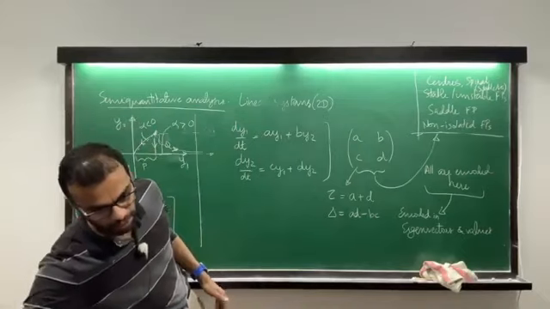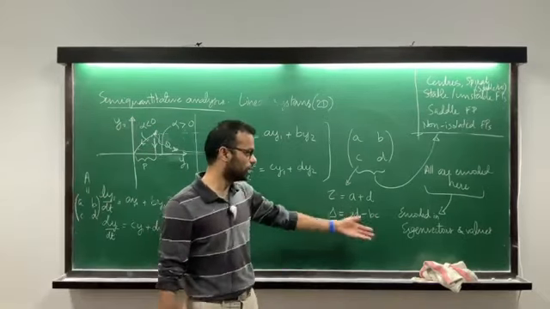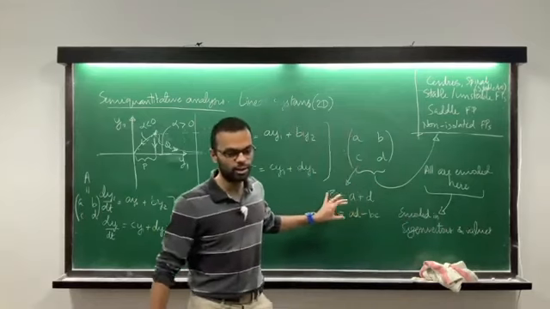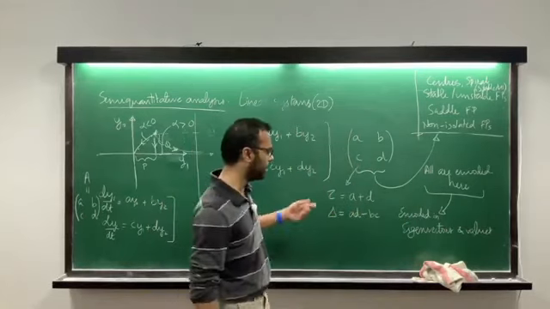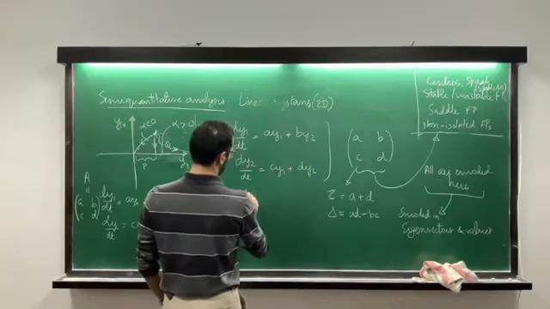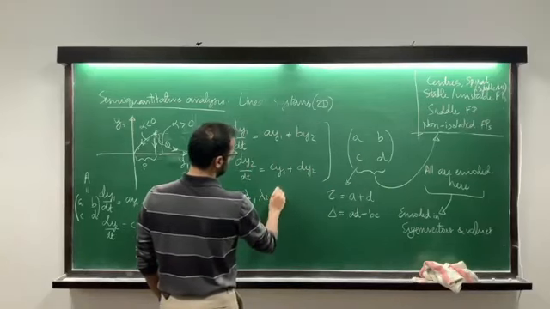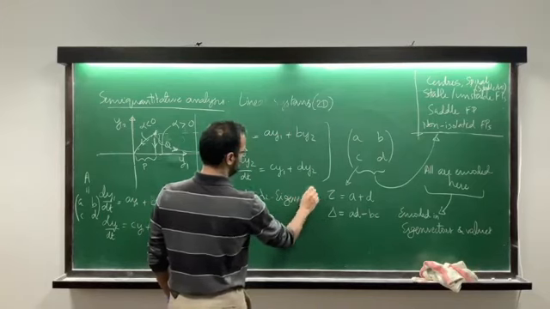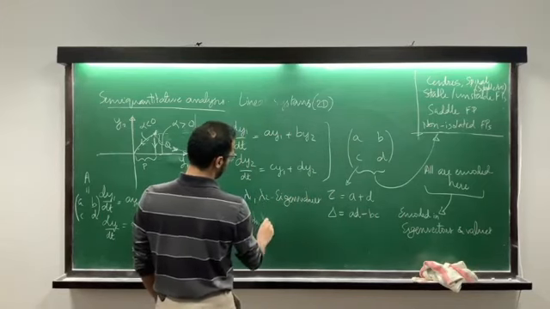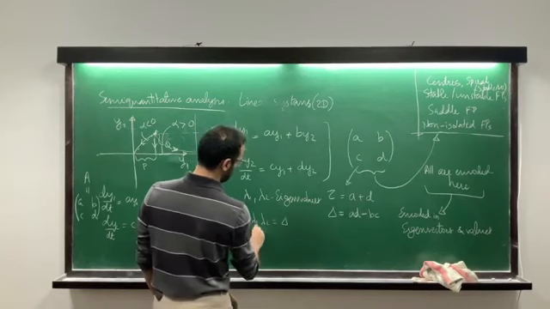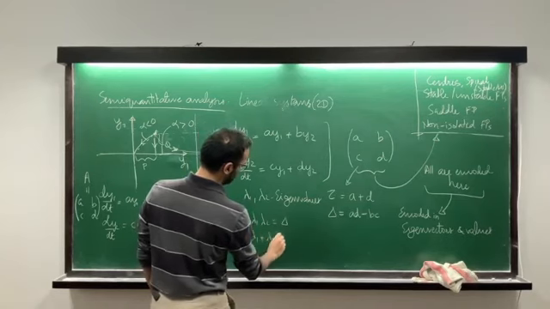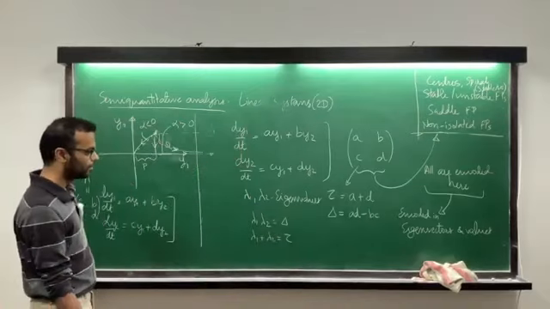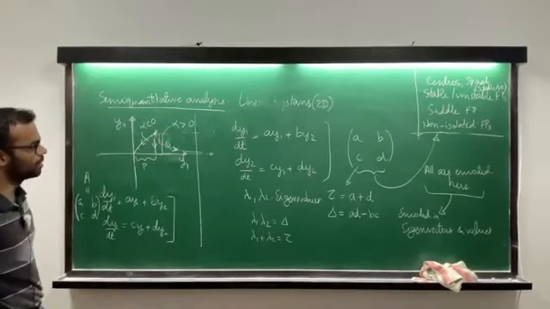You won't say everything about the matrix because you also have the eigenvectors, but for the eigenvalues you can say something from tau and delta. If lambda 1 and lambda 2 are the eigenvalues, then because these are invariant, lambda 1 lambda 2 is delta and lambda 1 plus lambda 2 is tau. We have seen that before in the first part of this class.